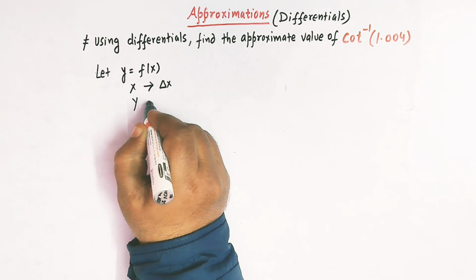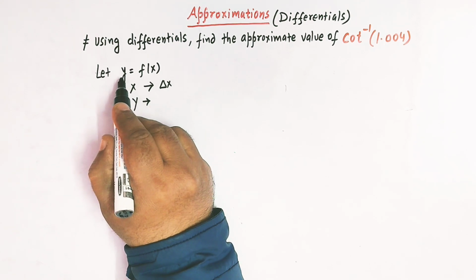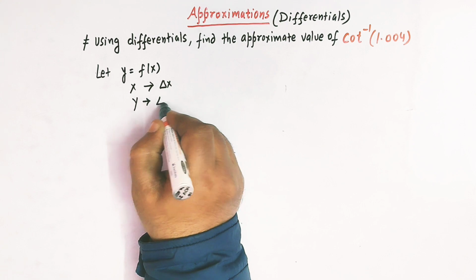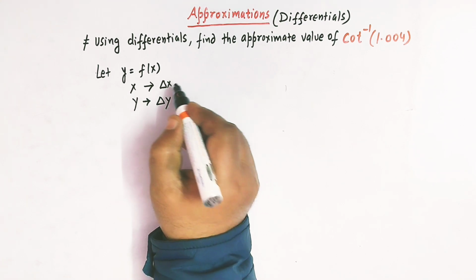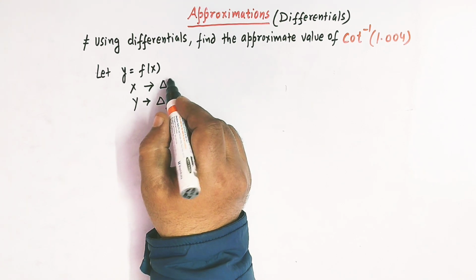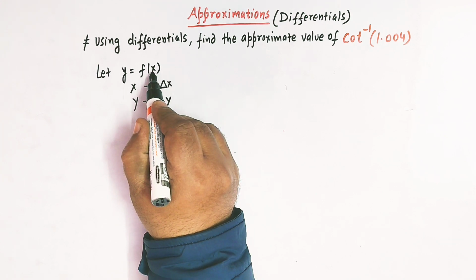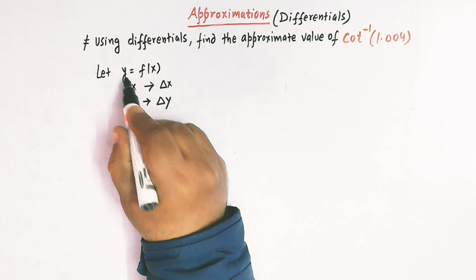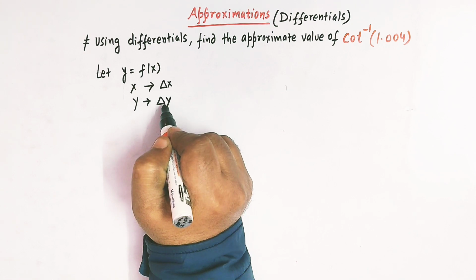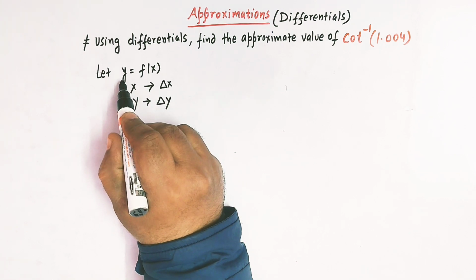So let us denote the change in the value of y as delta y. So delta x is the increment or the change in the value of x, and delta y is the increment in the value of y, right?